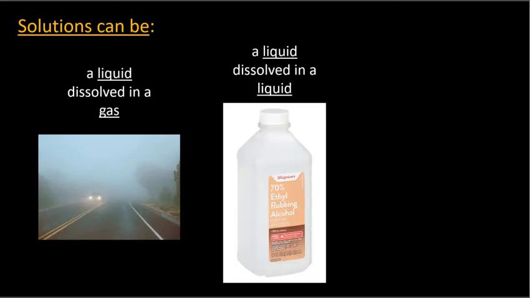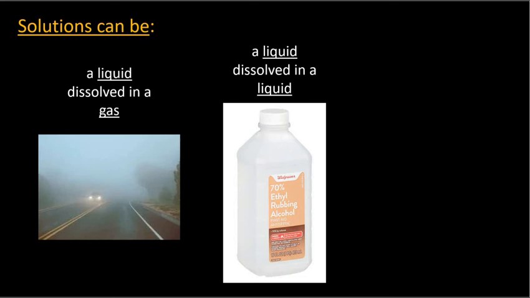Okay, you can have a liquid dissolved in a liquid. Whenever you see something like 70% this or this percent that, for bleach, ethyl alcohol, saline, and so on, what they've done is they've actually combined two liquids. So, rubbing alcohol you can get in different percentages.